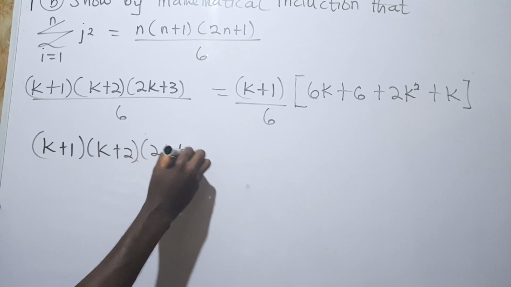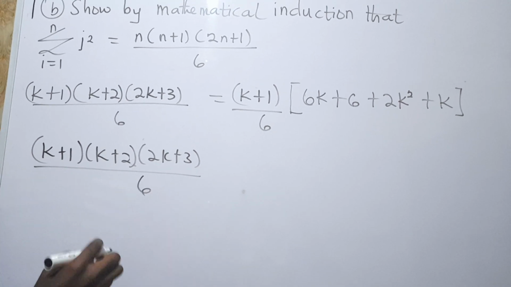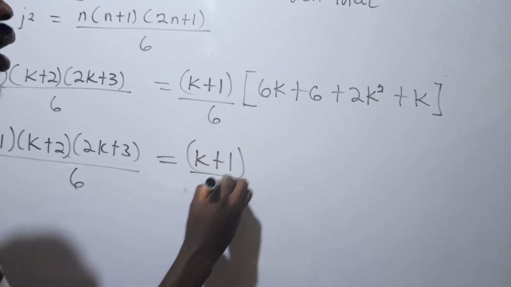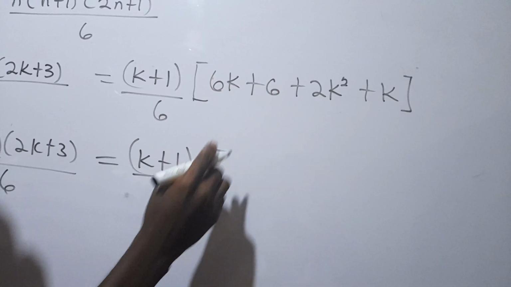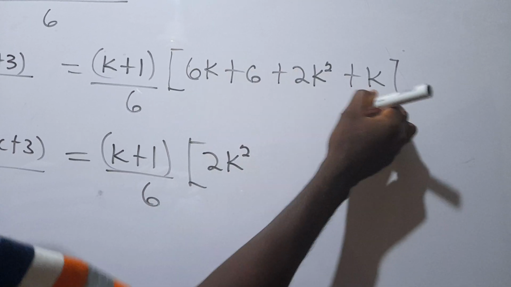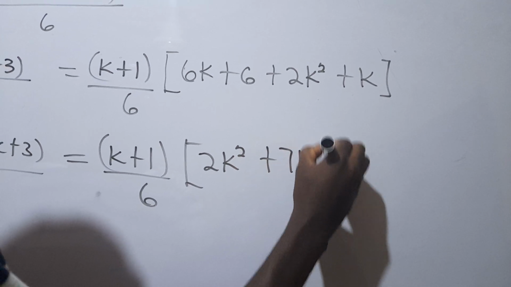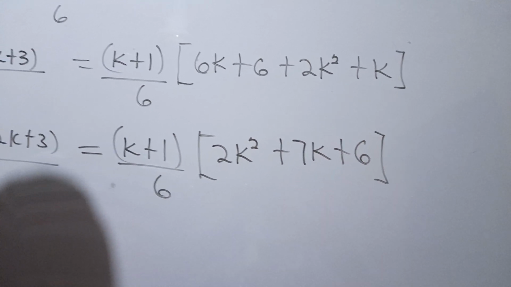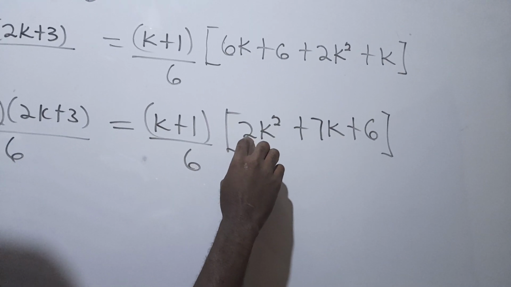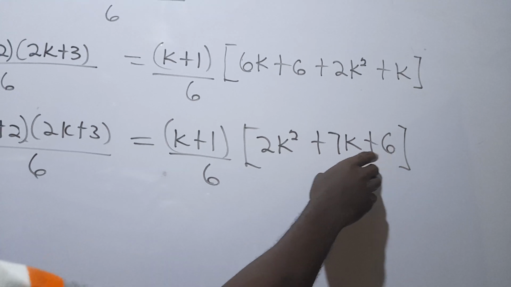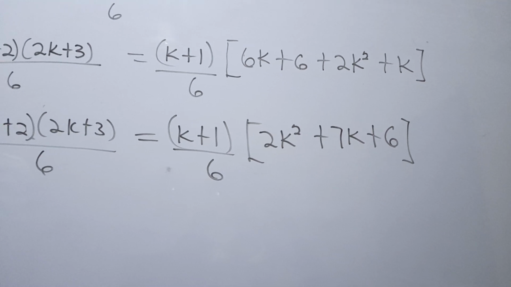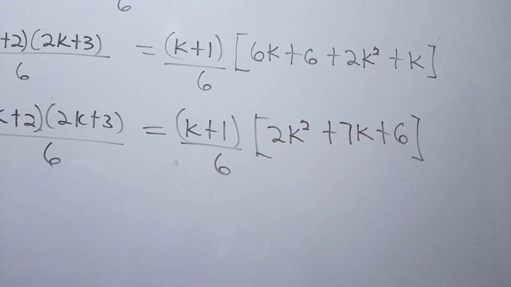Then here, when we arrange, we say 2k squared, then 6k plus k will give us 7k plus 6. Now this forms a quadratic function. We simplify. So when we multiply these 2 by 6, we get 12. Factors of 12, that add to 7 and multiply to 12, will be 3 and 4. So we split the linear term of that. I hope you know this by now.